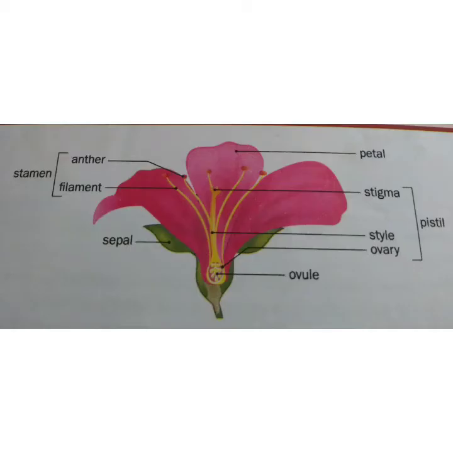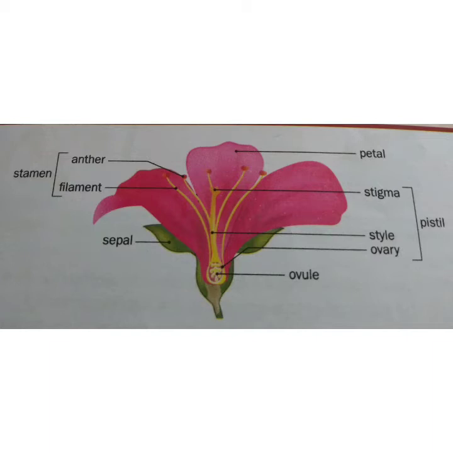First, we will see bisexual flowers. This is a photo of a bisexual flower. These flowers contain both male and female reproductive parts, stamen and pistil, of the plant. They are also called complete flowers. Tulip, rose and hibiscus are some examples of bisexual flowers.